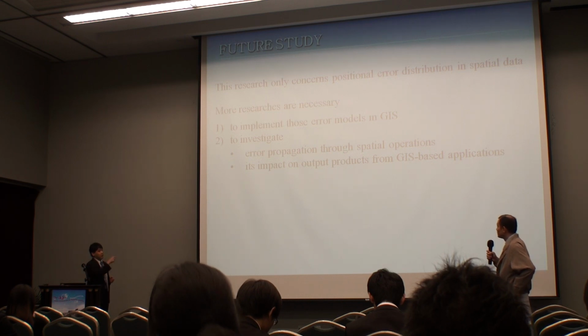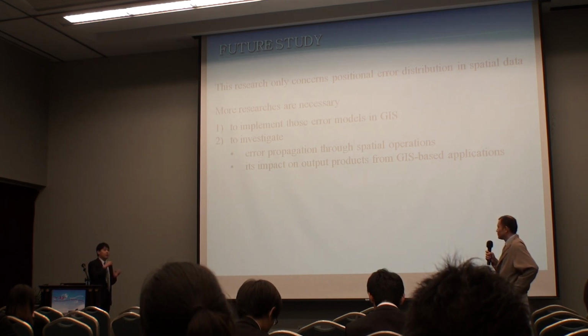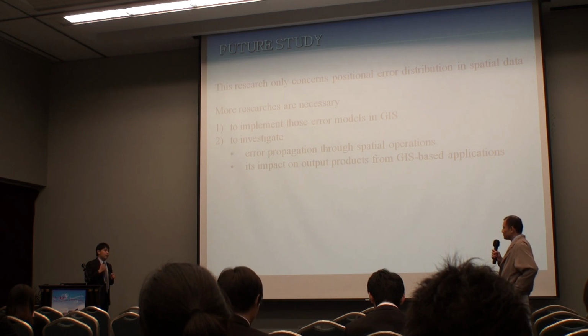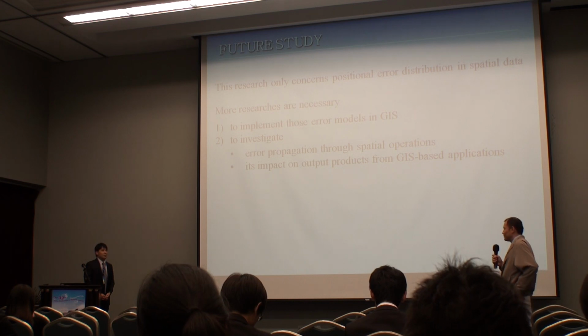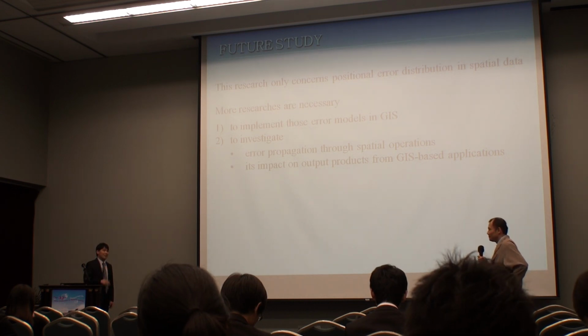So after implementing the stochastic simulation model in the GIS, you can estimate the degree of uncertainty, like polygon area and perimeter. I think this is one of the advantages of this stochastic simulation model.